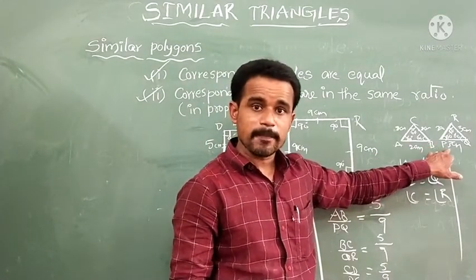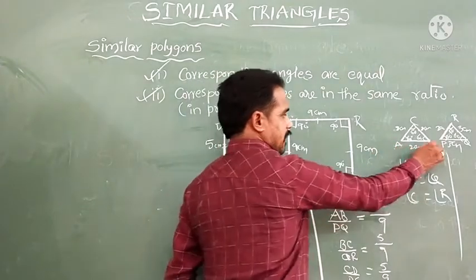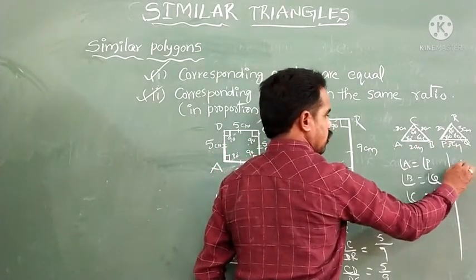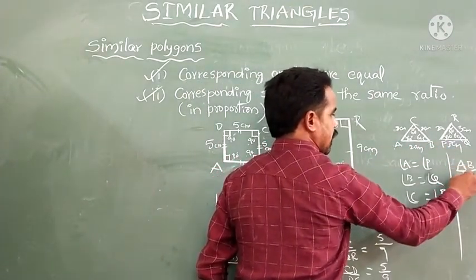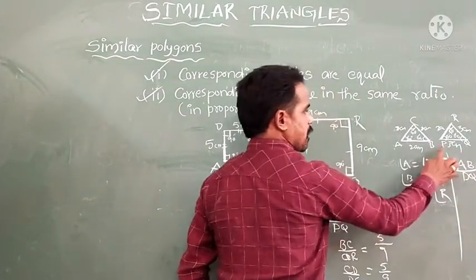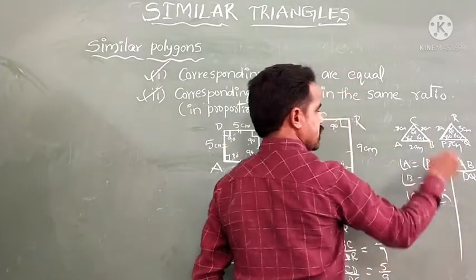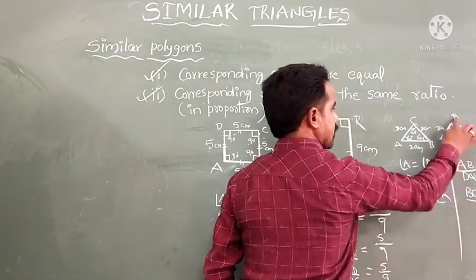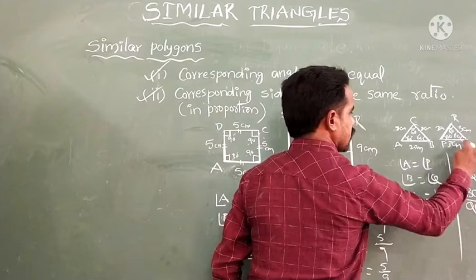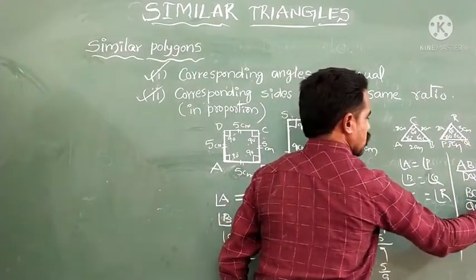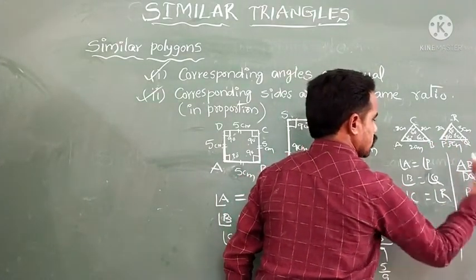Next, corresponding sides should be in the same ratio, right? AB corresponds to PQ. So, AB by PQ equal to 2 by 3. The same way BC by QR equal to 2 by 3.